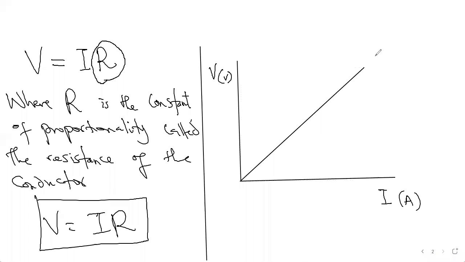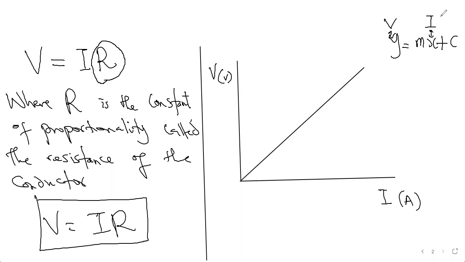Why will it be a straight line that passes through the origin? It looks like y equals mx plus c, but this time there's no c. If V is y, that means I plot voltage on the y-axis and current on the x-axis.